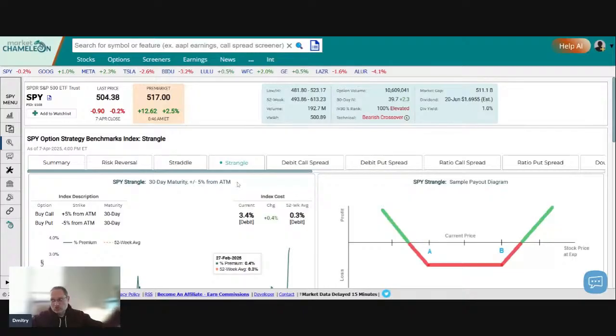But it will be a cheaper cost for the strangle. If there's a big move, then the payoff based on the amount that you had at risk could be greater. So in this situation, I'm looking at a strangle with 30 days constant maturity. Because there is no option every single day that's exactly 30 days to maturity, we have to create a benchmark.